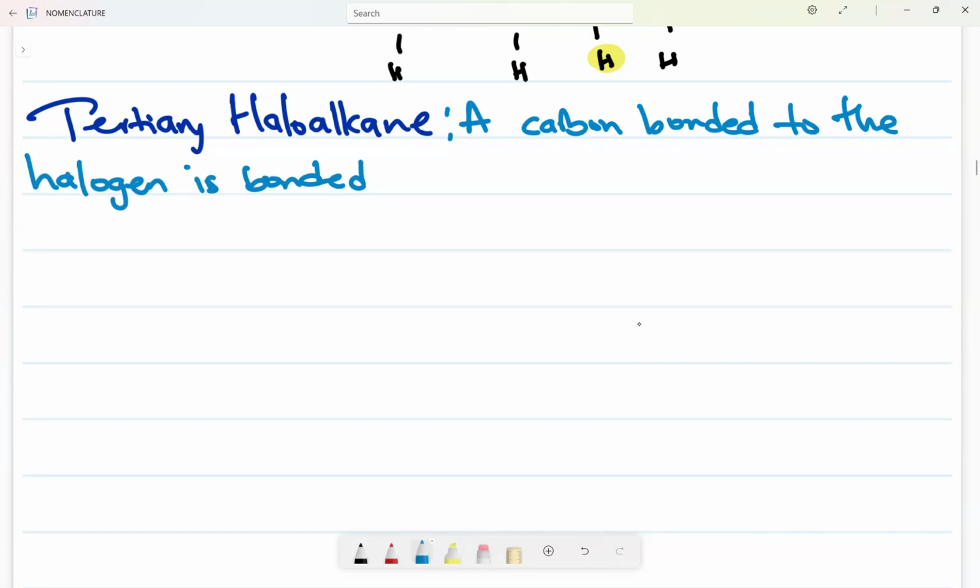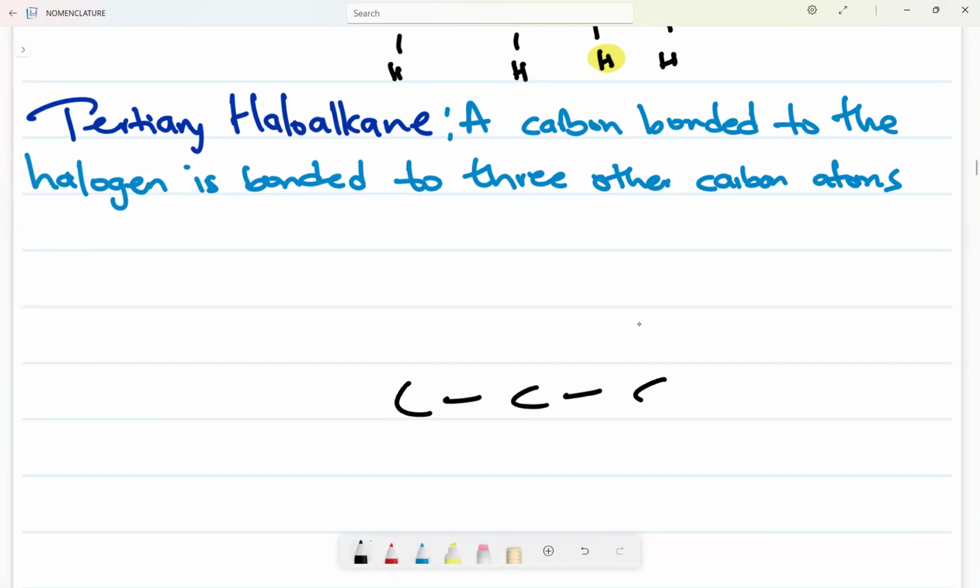Yes, three other carbon atoms. How? Like this. I don't care how long it is.